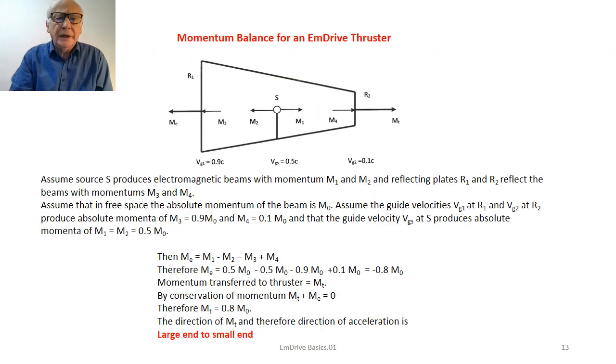So this slide is key to understanding the momentum balance in an EmDrive thruster. In the diagram, you can see we now have a tapered cavity with, at the large end, the reflector R1 and at the small end the reflector R2. In the middle, as before, we have the source of the electromagnetic wave.